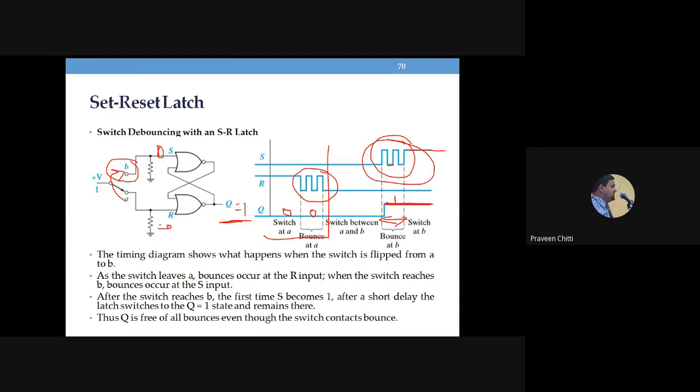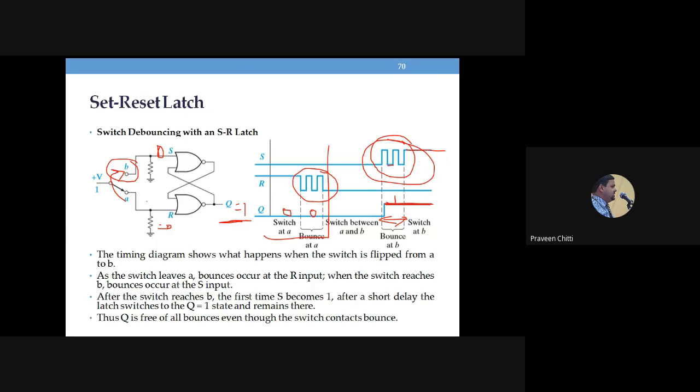It is simple. I have explained what exactly you mean by switch debouncing. If you are not using this SR latch, and you directly connect the switch to some part of the circuit, then that input will change many times, and accordingly the output of the circuit will also change. To overcome this, you have to introduce this latch in between the switch and the circuit. If you put the latch between the switch and the inputs of the circuit, then a stable input will be provided to that circuit through the SR latch.